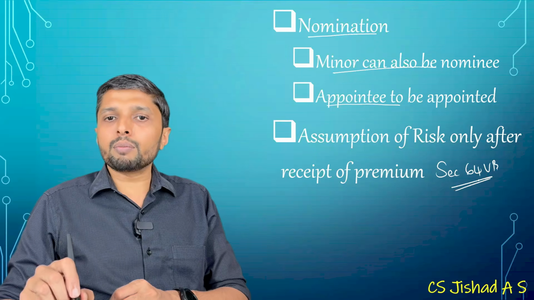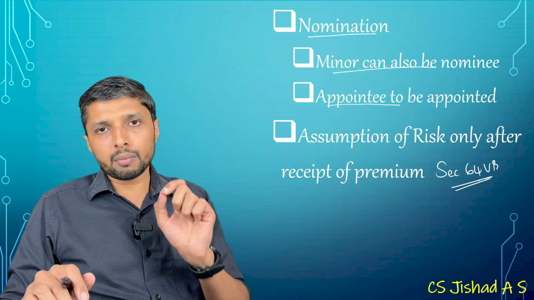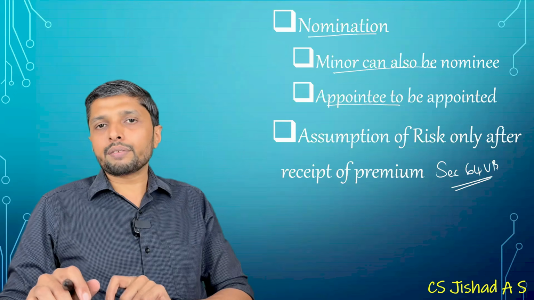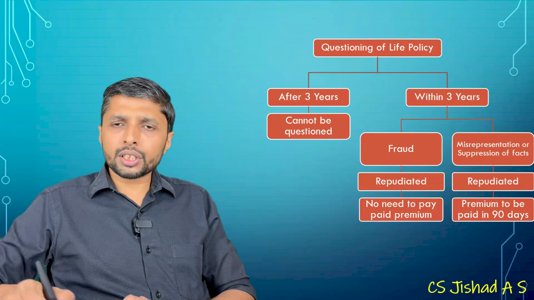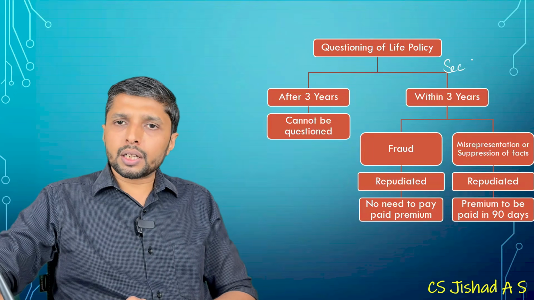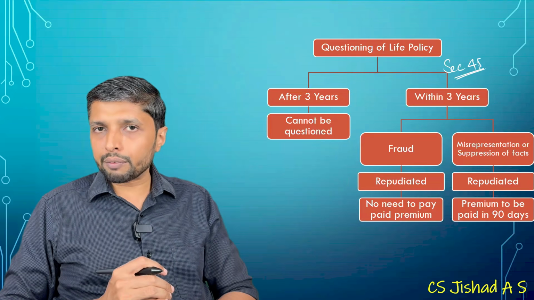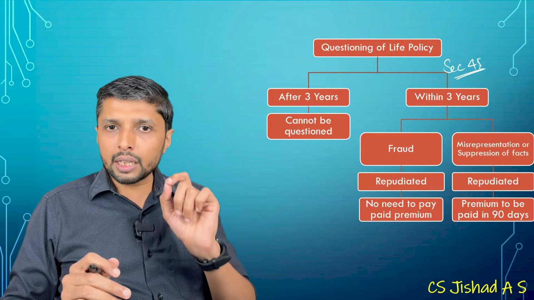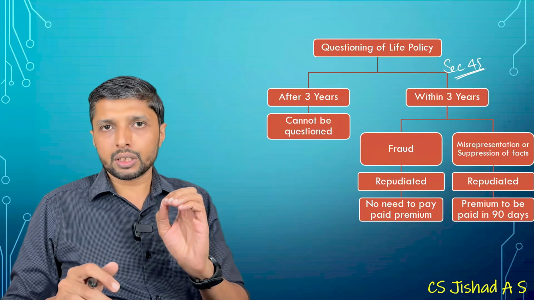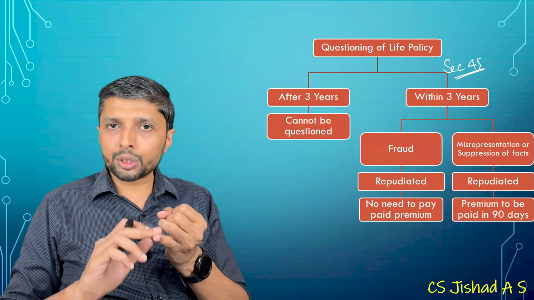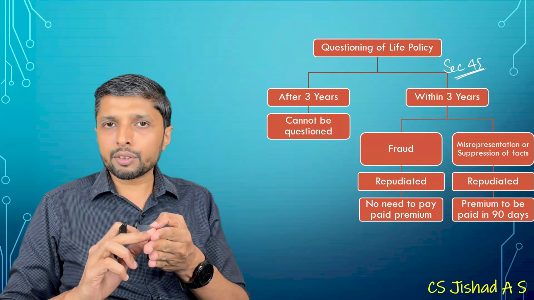Section 64 VB specifies that the risk can be assumed only after the premium is received, guaranteed, or received in advance. Now we can move to section 45 of the Insurance Act 1938, which specifies the questioning of a life insurance policy. A life insurance policy cannot be called in question after 3 years from the date of issue, date of commencement of risk, date of revival, or date of rider, whichever is later.